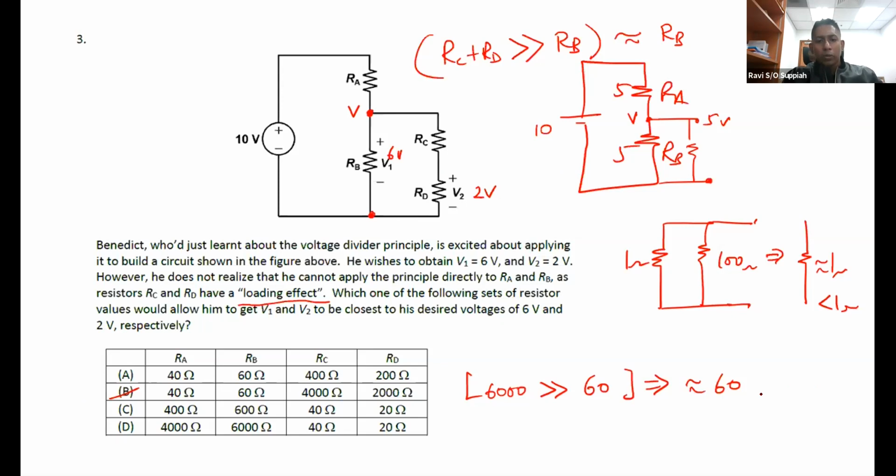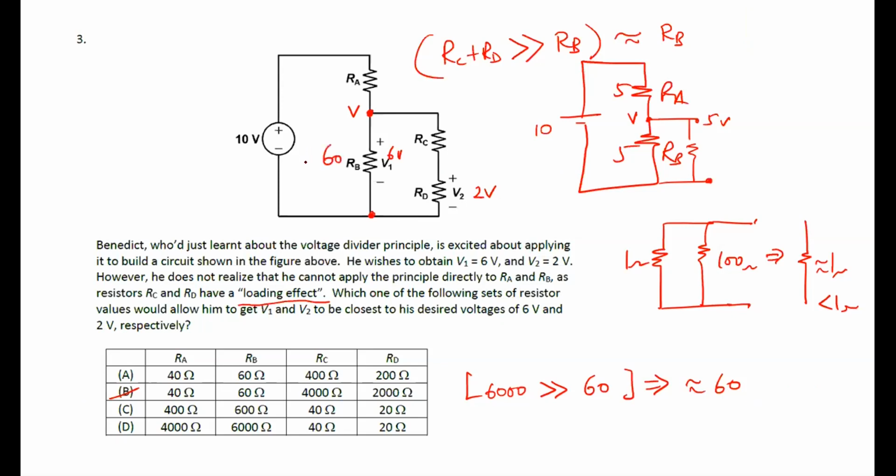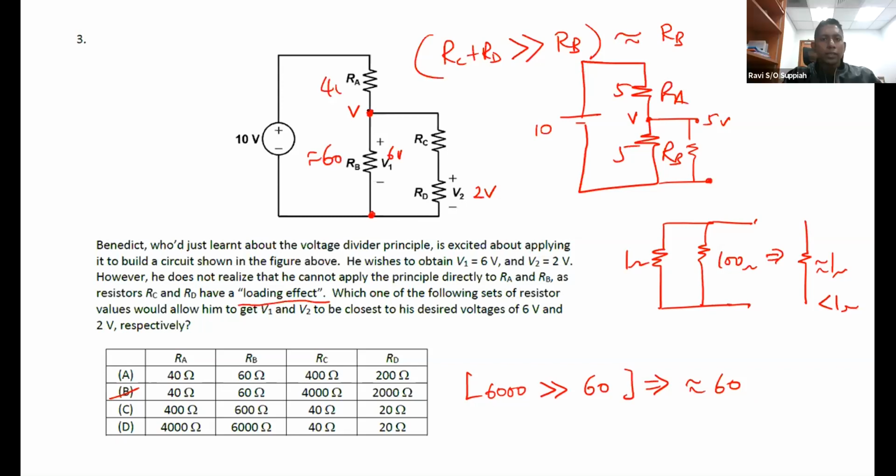So when it's approximately 60 here, and this is 40, this voltage here will still be close to 6 volts. So when this voltage is close to 6 volts, then this voltage will also be close to 2 volts.